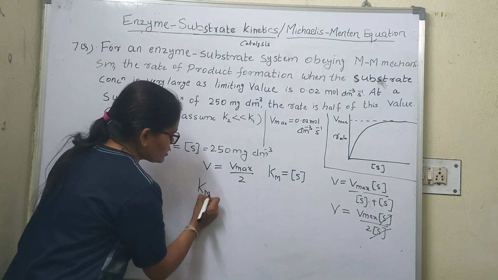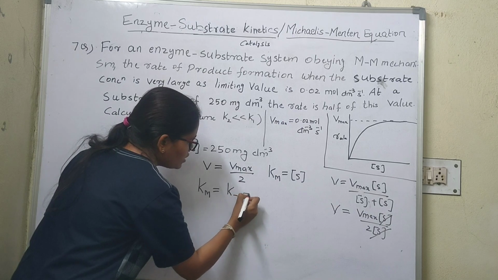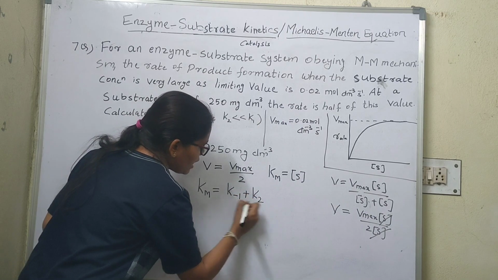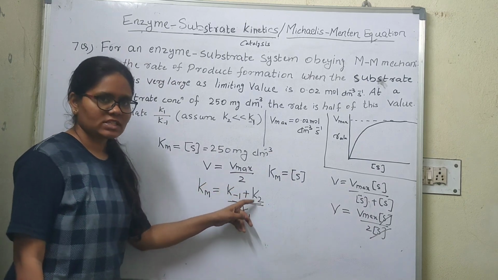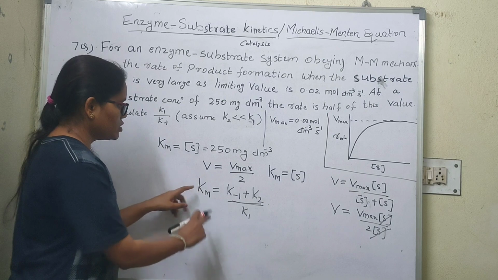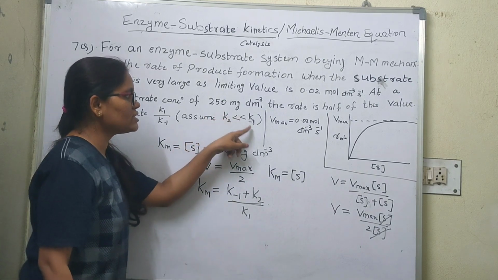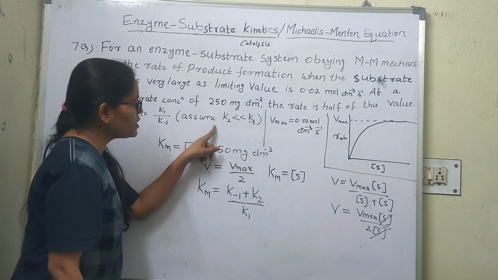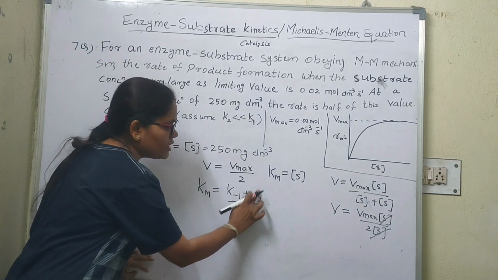So what is the Michaelis constant? Km is k minus 1 plus k2 over k1, which we have already seen in the theory class. Here they have asked us to assume that k2 is far less than k minus 1. So if k2 is far less than k minus 1, the value of k2 can be neglected.